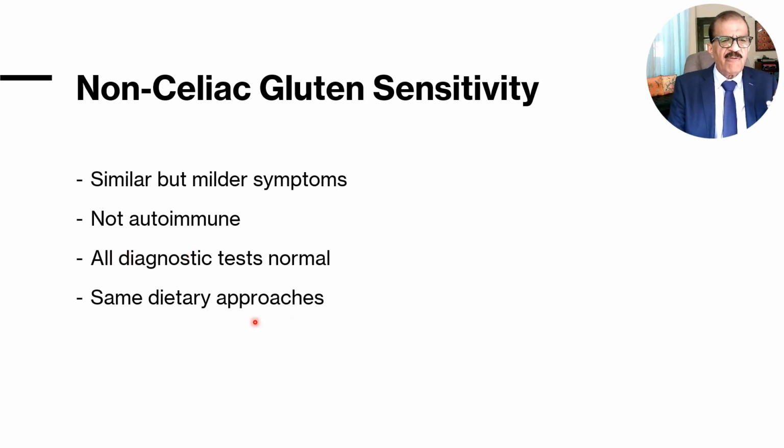The treatment is the same because it is caused by gluten. So I think treatment would be avoiding gluten for life, although probably less strictly. The patient can take a small amount, but I think one should avoid gluten as much as possible.